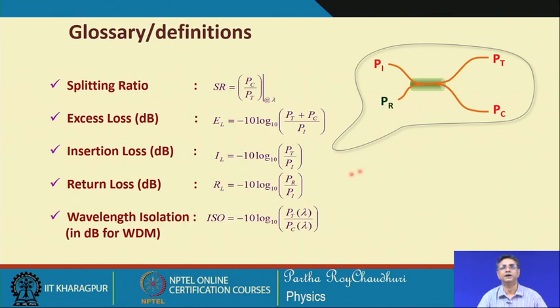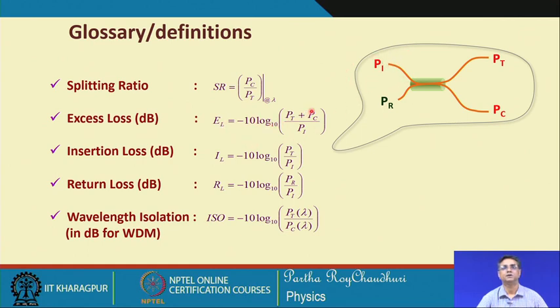Now, these are the typical characteristics attached to optical fiber based coupler devices. It is in general true for all optical couplers. Splitting ratio between the two ports; excess loss, which is given by the log of the total output light with respect to the total input light.